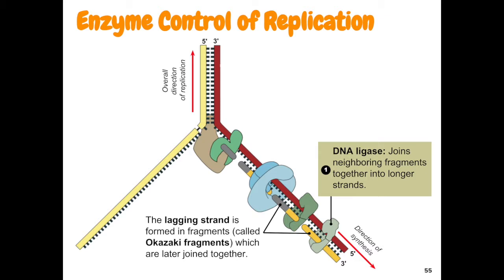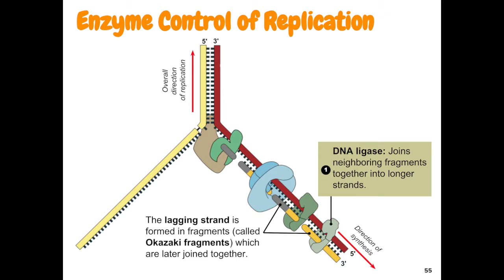And that being the case, synthesis on the lagging strand is opposite of what the leading strand is doing. And the lagging strand must wait until there's enough room in the replication bubble to synthesize in that direction. And when it does, it forms fragments of DNA that are called Okazaki fragments.